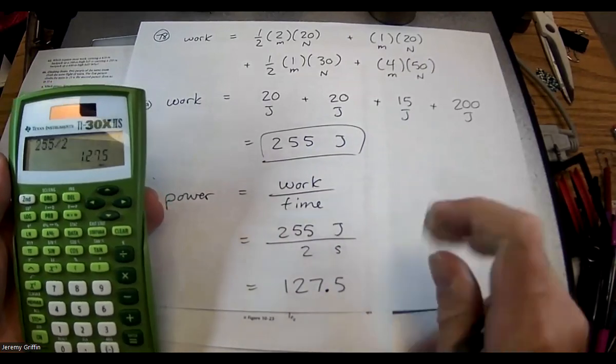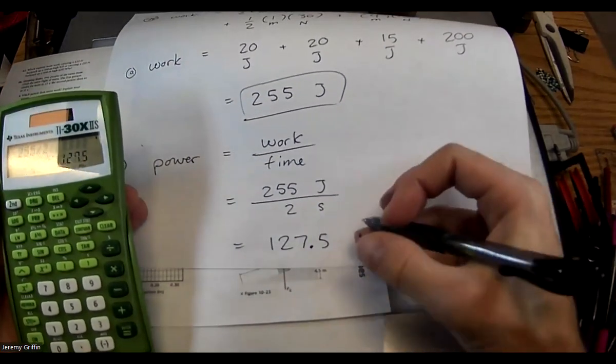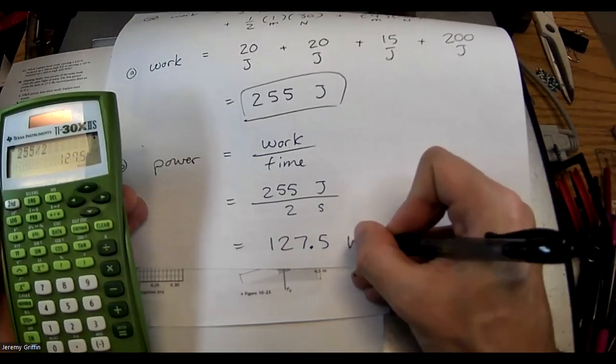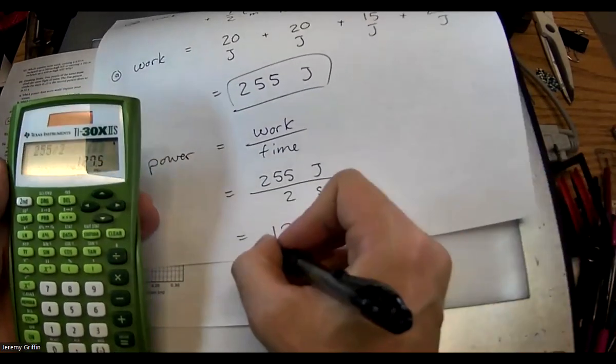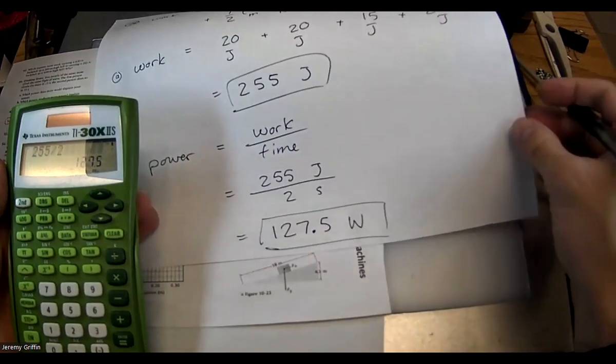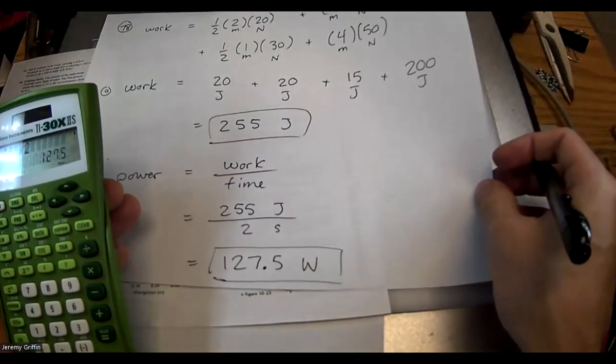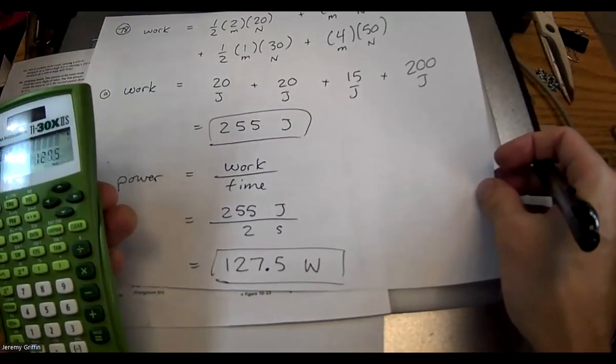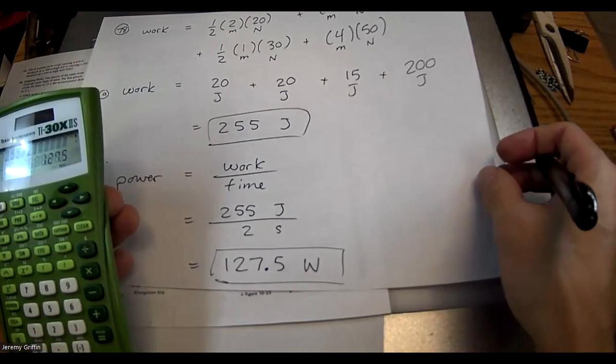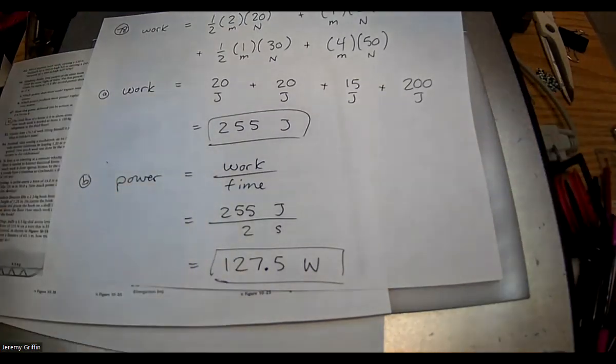That's 127.5. Okay, and what is the unit? Watts. 127.5 watts. Watt is the unit. Pretty good.